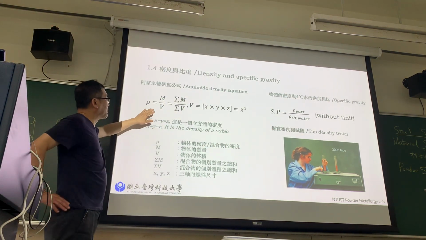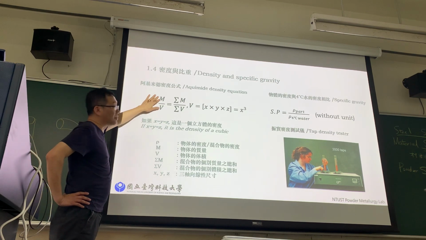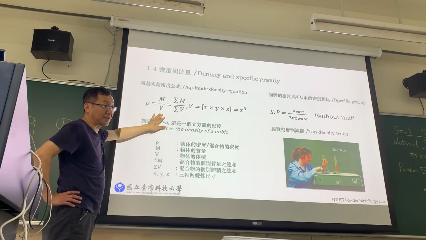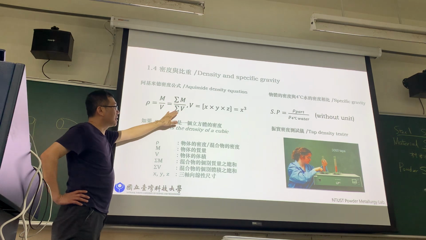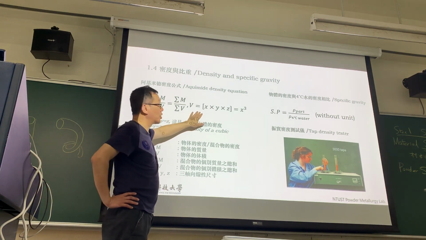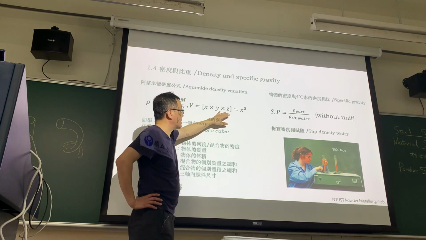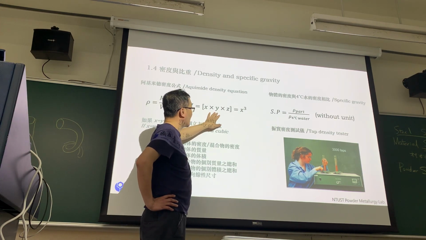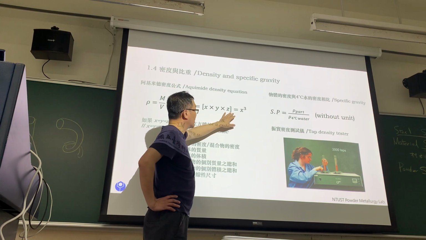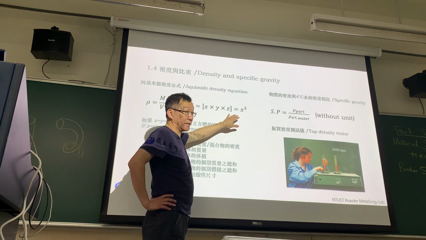If you know this one, you can know the rest. Normally if this one is cubic, we just need to understand that x equals y equals z, so the total is s cubic.